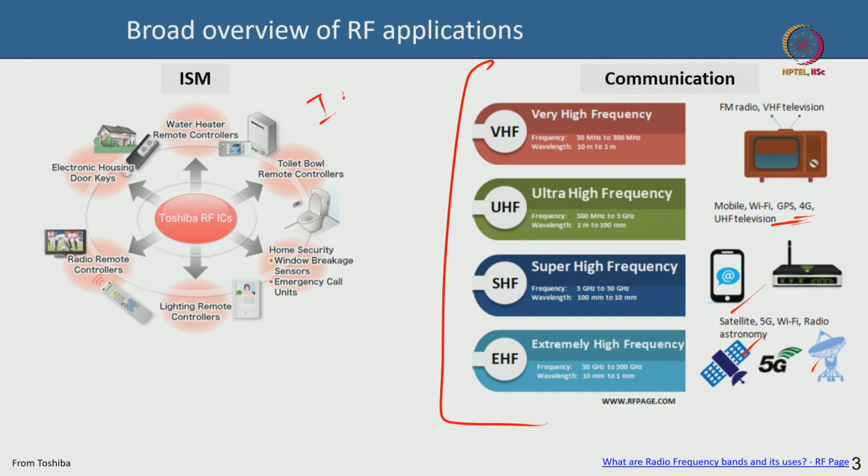Then there is something called ISM. ISM stands for industrial, scientific, medical. These are really low cost, high volume consumer applications, and the frequency bands are exactly specified country to country, but there is a broad spectrum that is allocated by the international union or agreement, and each country will have its own specific bands within that.